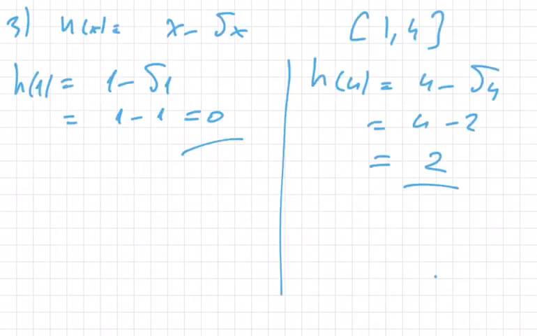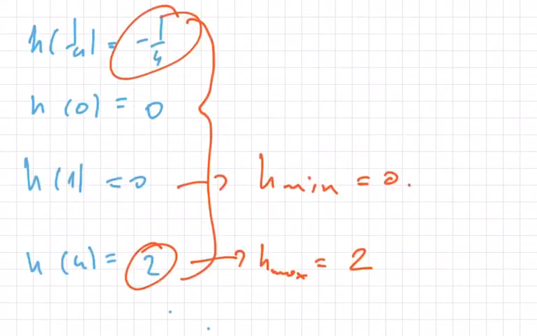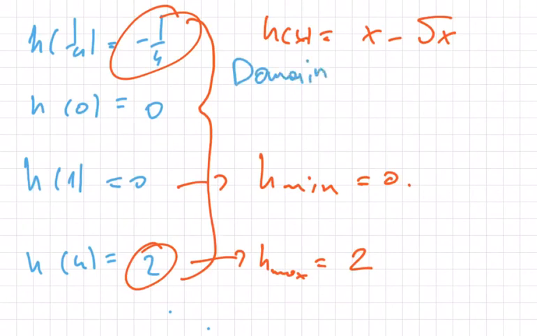Okay, let's come back to our function. Our function h of x is x subtract root x. From this expression we can understand our domain. The domain must be all non-negative real numbers, meaning all numbers starting from 0 to positive infinity. Why not below 0?